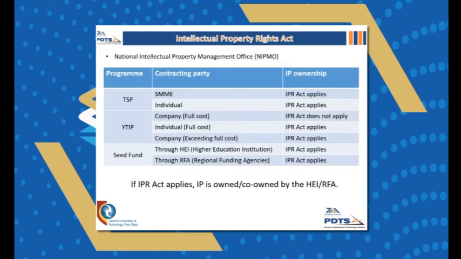Another aspect of the product development process which is not well known by clients is intellectual property. Intellectual property is governed by the Intellectual Property Rights Act. Any and all intellectual property should be registered with the National Intellectual Property Management Office, or NIPMO. What is intellectual property?